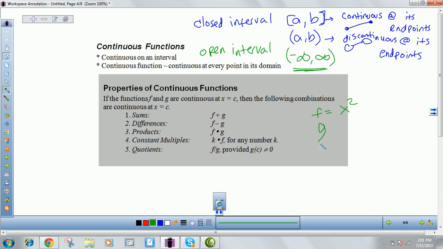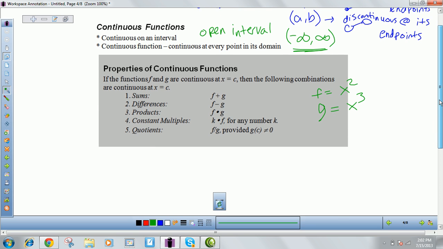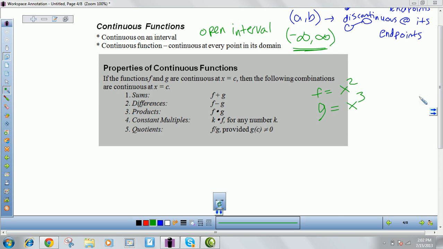So let's say g is x to the third. These are both continuous. We know they are. And so if you add them, subtract them, multiply them, or multiply them by any constant, or divide them, given that g of x does not equal 0, then you are going to have continuous functions. Okay, these rules are pretty important. They give you a lot of shortcuts in the future if you remember those rules.